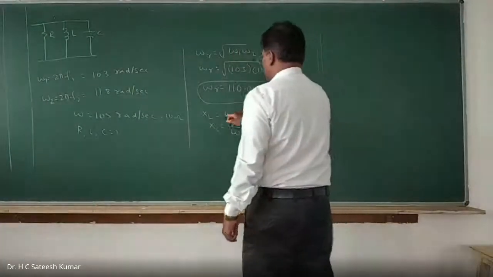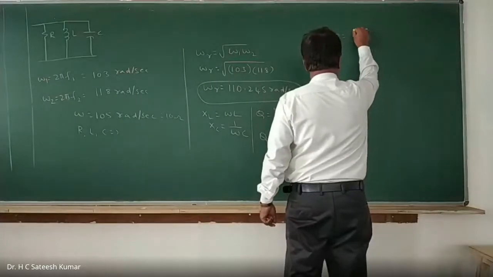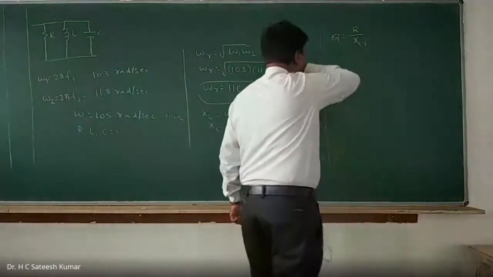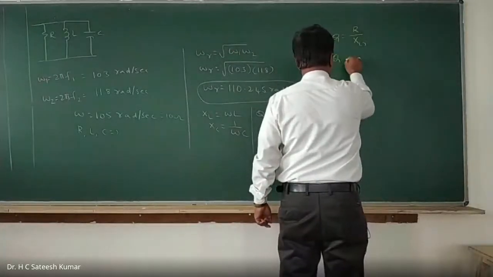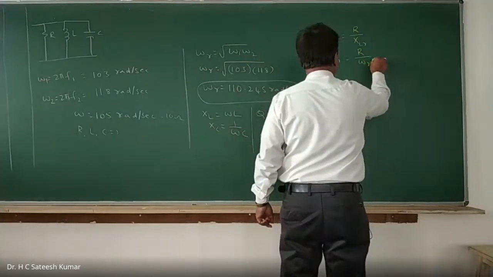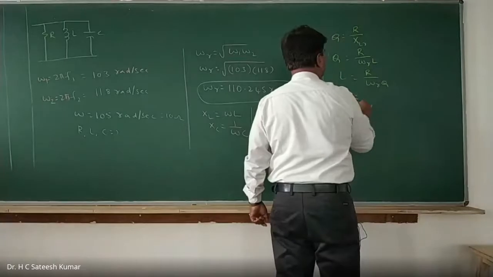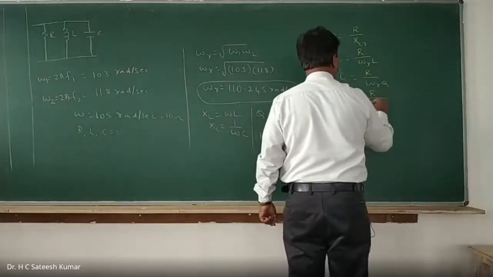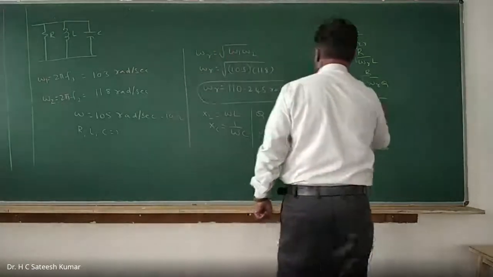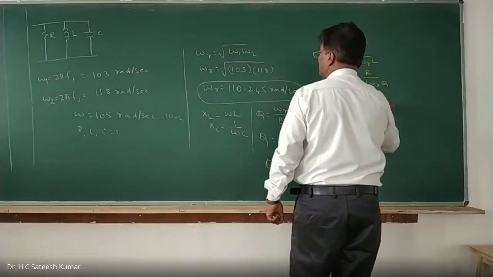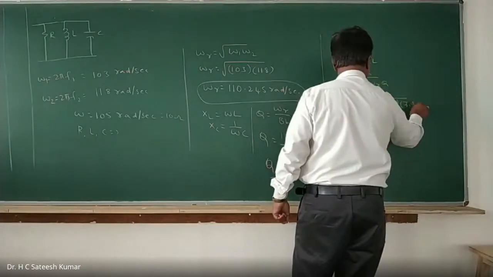Q is equal to R divided by XLR, and XLR is omega R into L. Therefore, L is equal to R divided by omega R into Q. Omega R is the resonant frequency we have calculated, 110.245, into Q, which is 7.349.